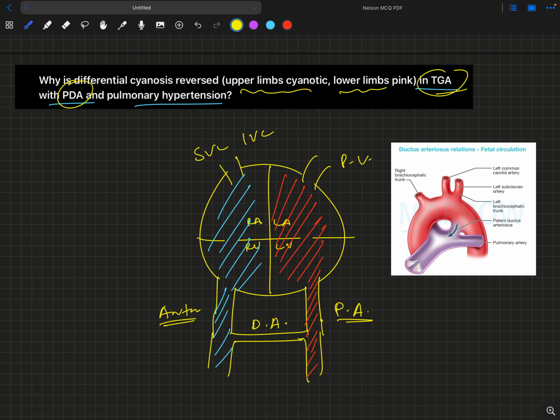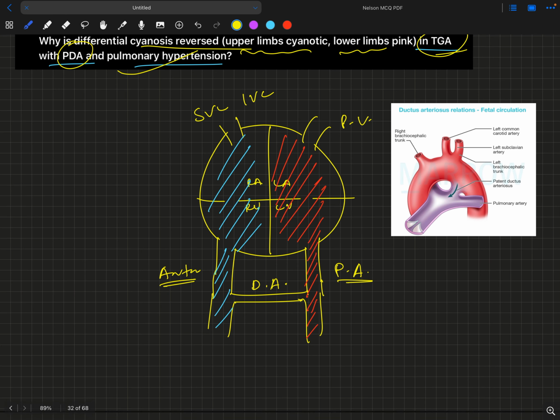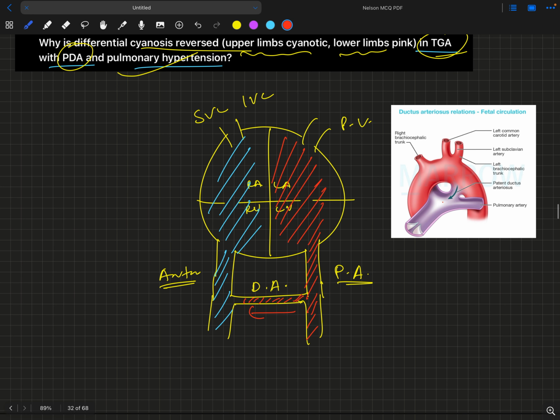When there is shunt reversal, differential cyanosis is reversed in PDA with pulmonary hypertension. Normally, what happens? Normally left ventricular pressure is more, so oxygenated blood moves from the pulmonary artery towards the aorta.